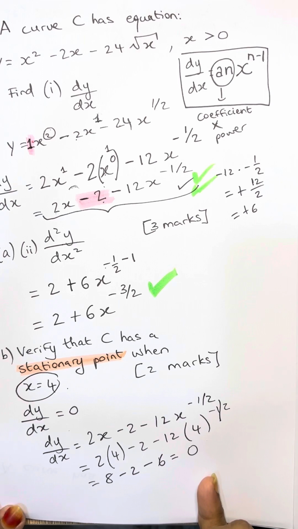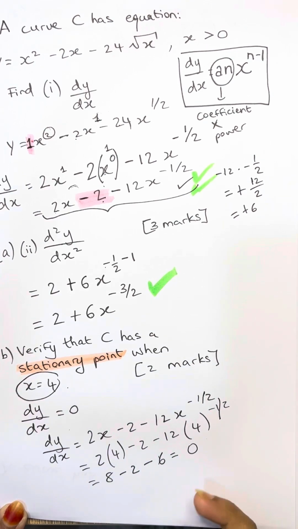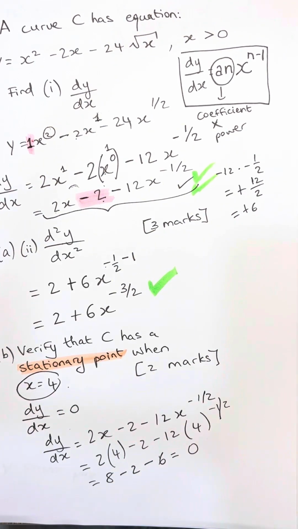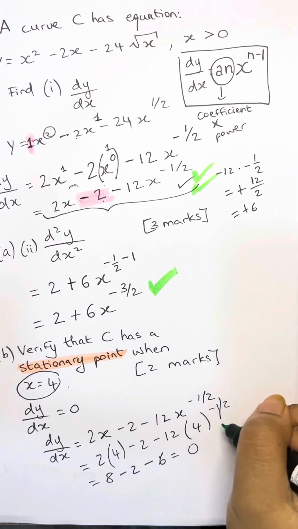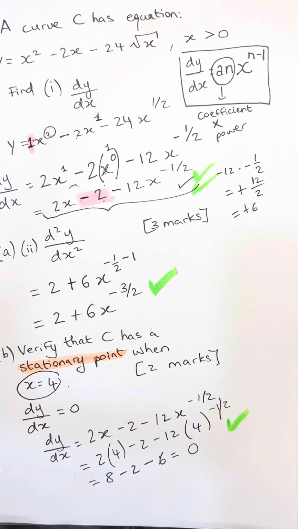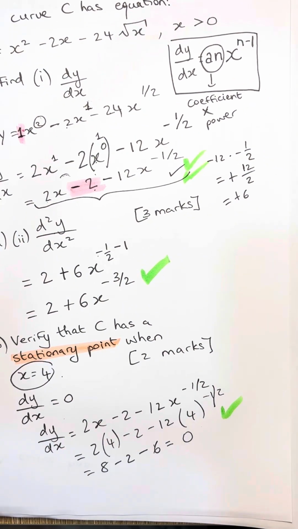You need to write down a statement in order to get 2 full marks. So the first mark you're going to get is for this, and then the second mark you're going to be given for the statement. So always write down the statement.